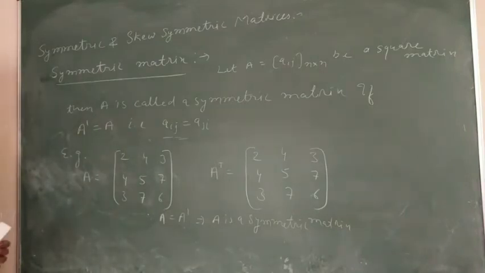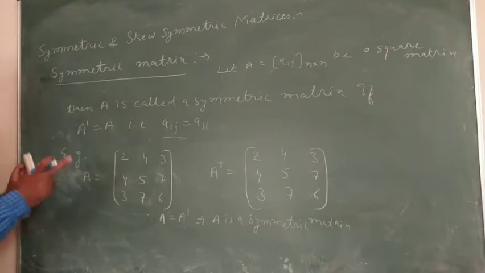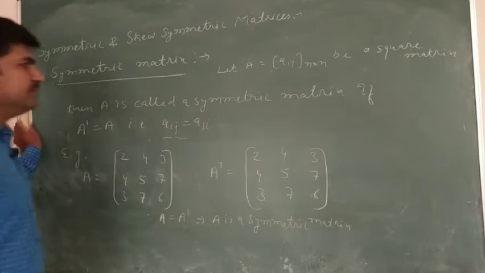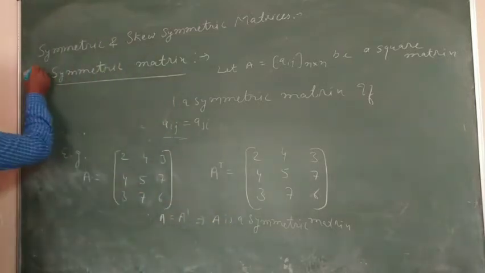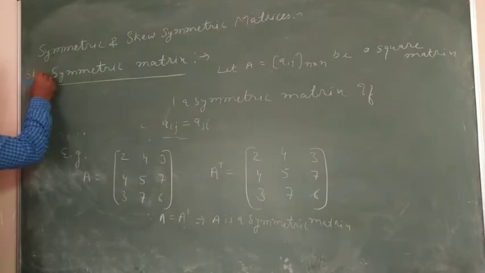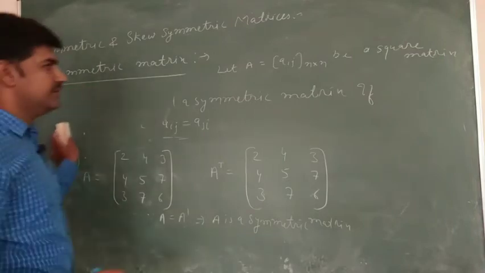Now the second type of matrix is skew symmetric matrix. After this, now I am writing the definition of skew symmetric matrix.